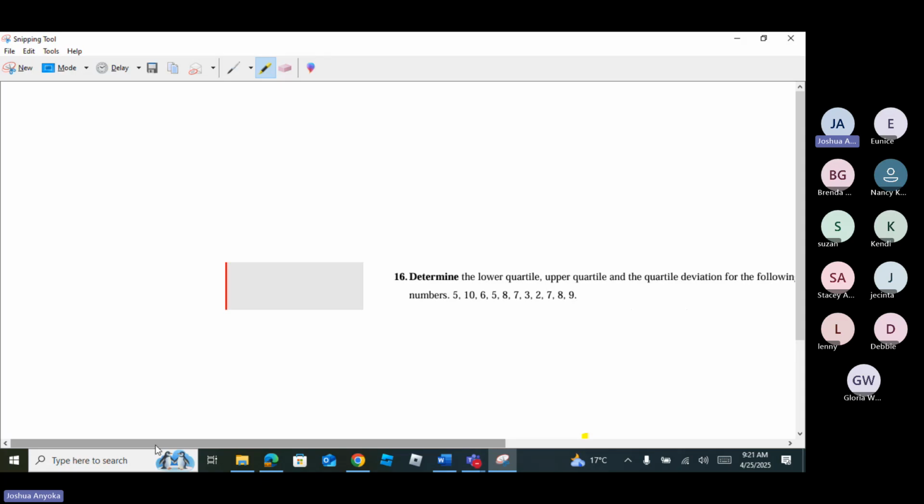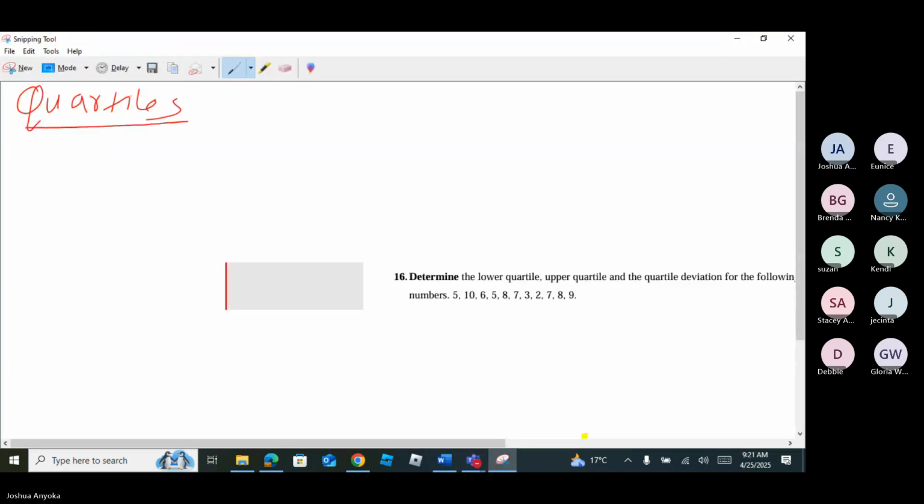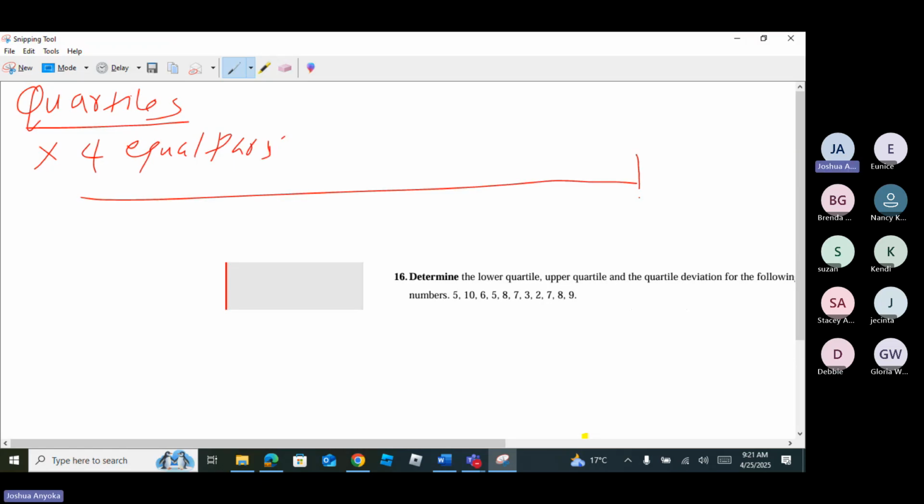We had quartiles in statistics 2, where we say the quartiles divide data into 4 equal parts. If we have this set of data, the first one we call the median, and it is actually Q2, the end of the second quartile.